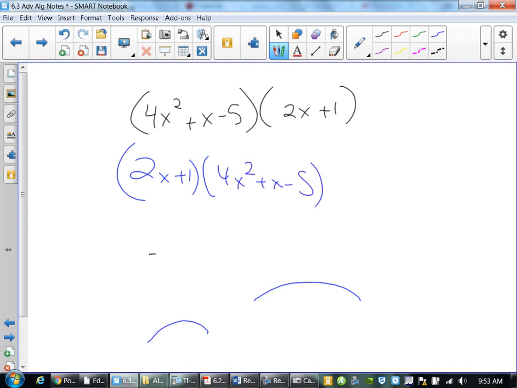Because to me, it seems easier to send 2 things in instead of sending 3 things in. It's the same thing no matter what, but it just seems like it would be easier. That's the only reason why I say to write down the smaller of the 2 terms first. Other than that, it's really simple.